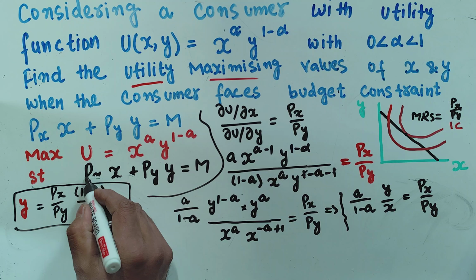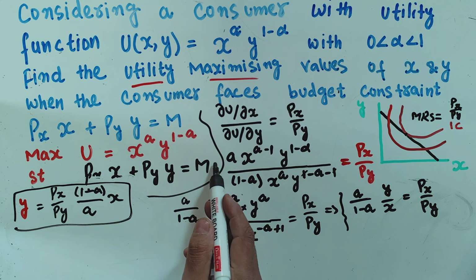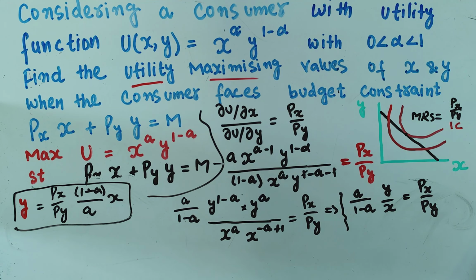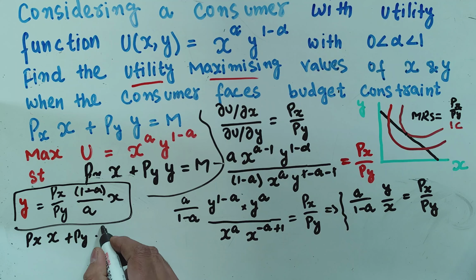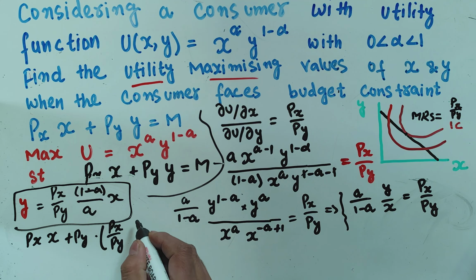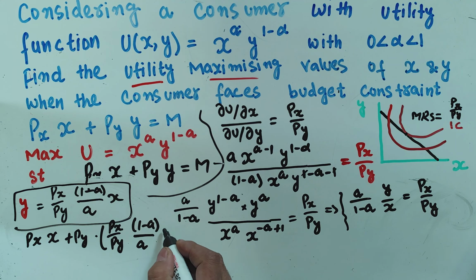Now we need to plug the value of y in the budget equation. So we have price of x times x plus price of y times the value of y, which is price of x upon price of y times 1 minus a divided by a times x, should be equal to the income.